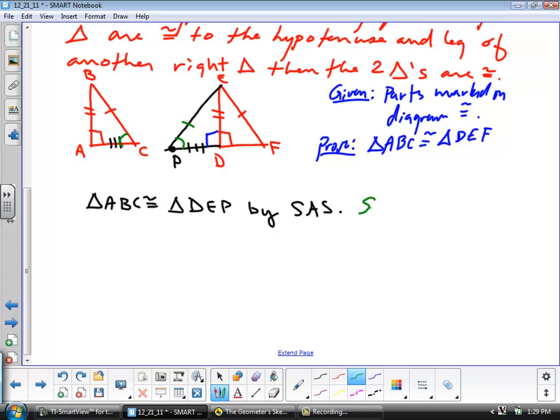So, PE is congruent to BC, and angle P is congruent to angle C. Why are those parts of these triangles congruent?